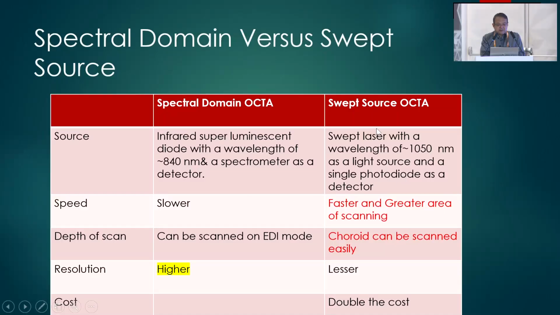Swept source is fast. It can penetrate more into the retina, so you can get good images of the choroid. But the resolution is higher in spectral domain OCT. Another disadvantage of swept source OCT is that the cost is double as compared to spectral domain OCT.